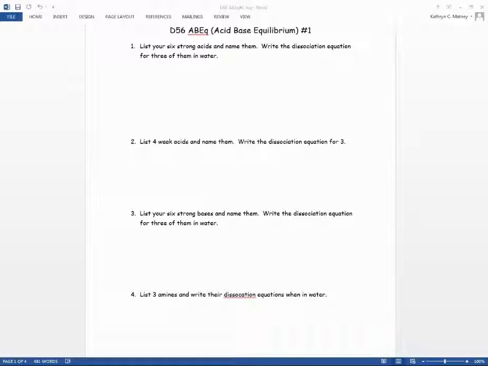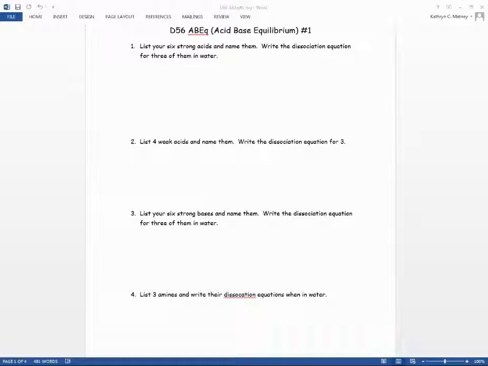hydrobromic, hydroiodic. Okay? And this fellow right here is also an acid. You might not know him because you might not know that CN to the -1 is known as cyanide, but HCN is called hydrocyanic acid because it's made with cyanide.